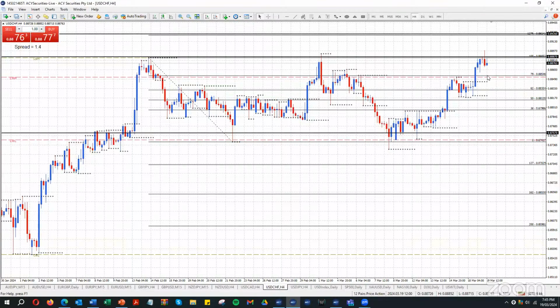All right, now you want to be in. You're going to make a decision to get short. You want to be about at the 79% level so that it starts to come down. You could take the tack of, if we get to the 79% level, I'm going to sell there. I'm going to put my stop above here, and then I'm targeting down to here.